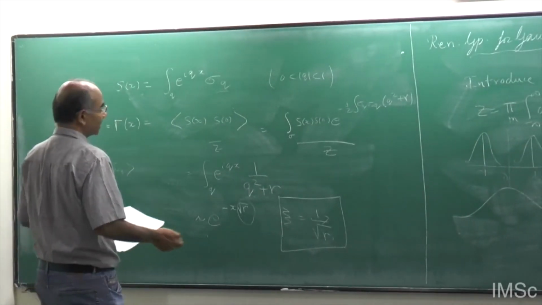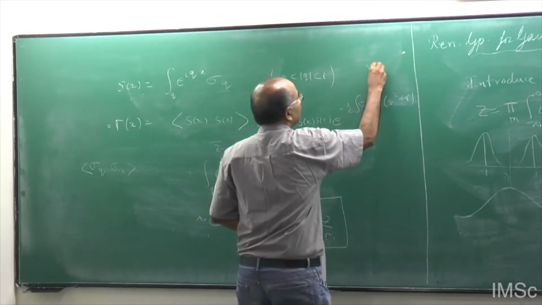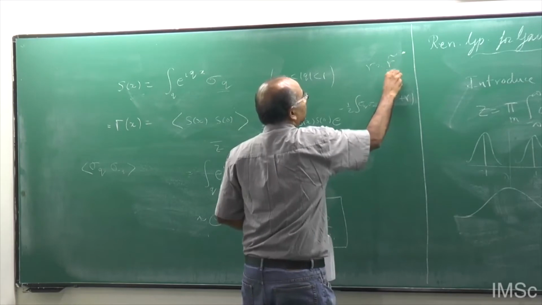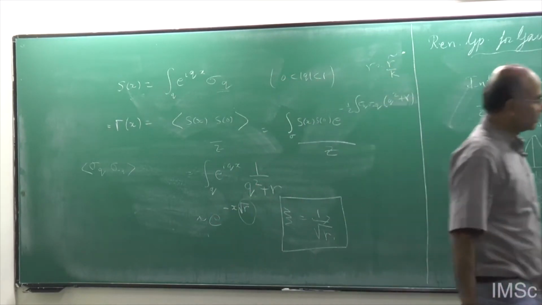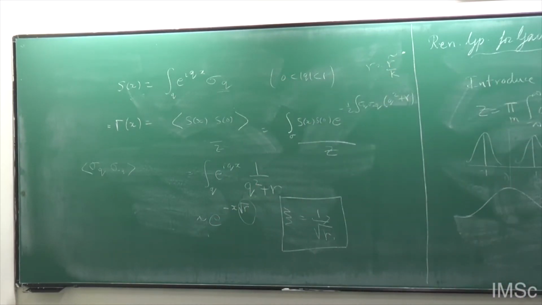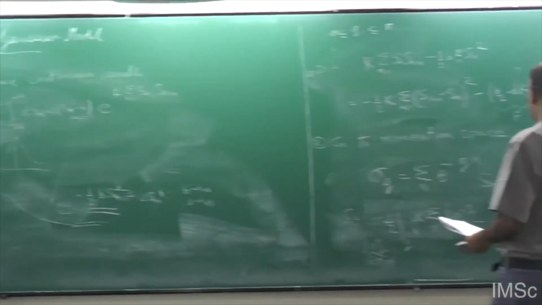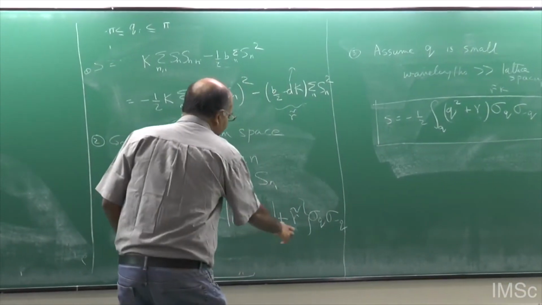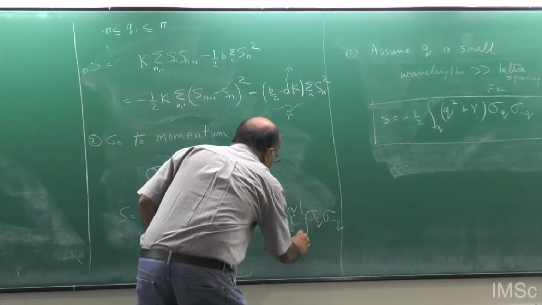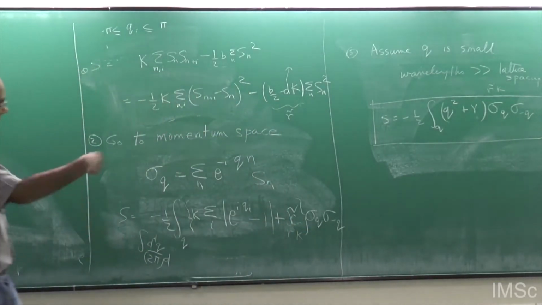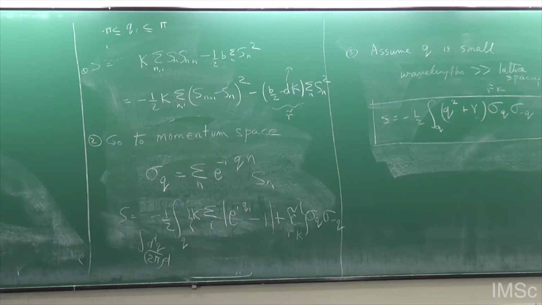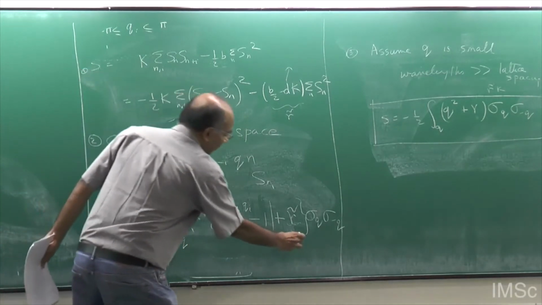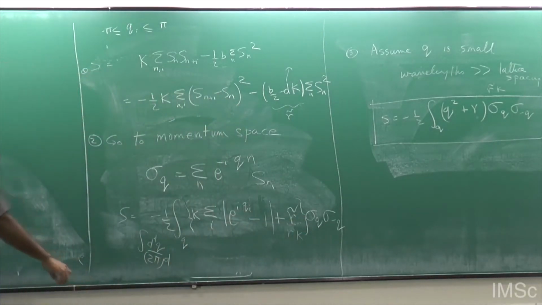R is R tilde by K. This K doesn't multiply that. So this is R. I've taken the K out, separated out the K. So K times whatever was there is what I'm calling R tilde. Okay.